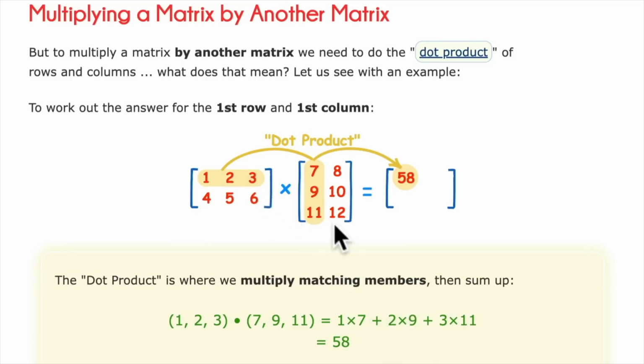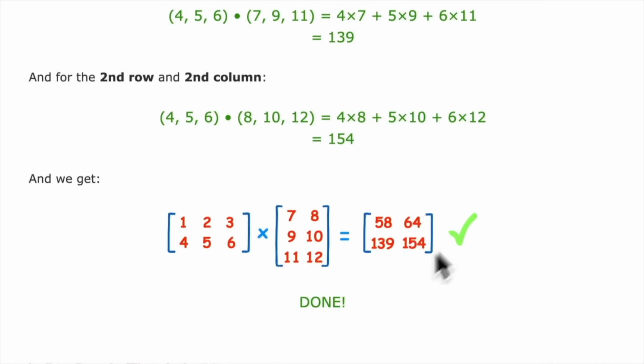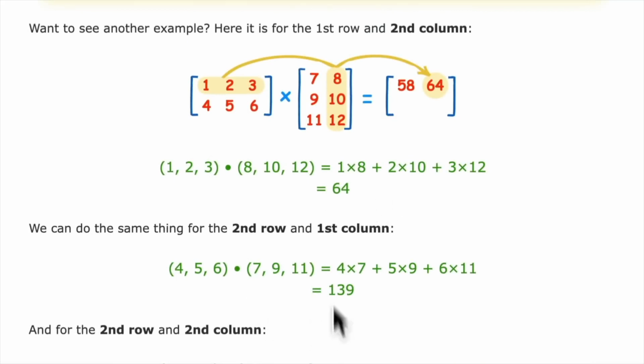And then 3 times 11 is 33. And if we add those up, 7 plus 18 plus 33, we get 58. And then if we were to do that for each other element that's throughout these two matrices, we end up with something like this. So that's what I'd encourage you to go through step by step and reproduce this. A good challenge would be to reproduce this by hand with PyTorch code.